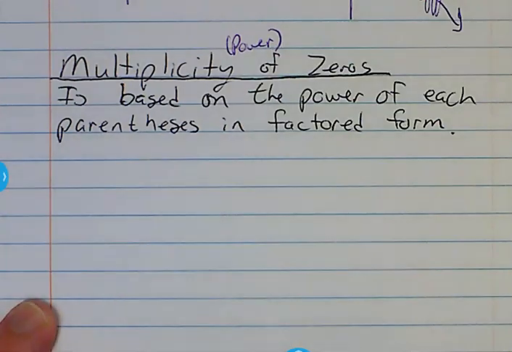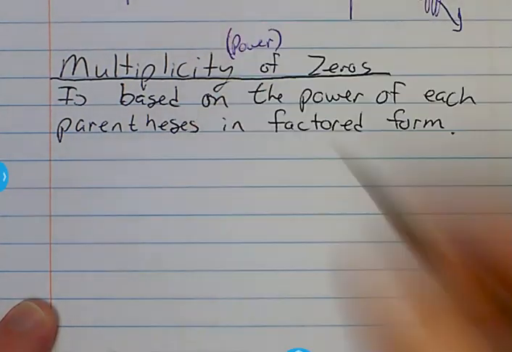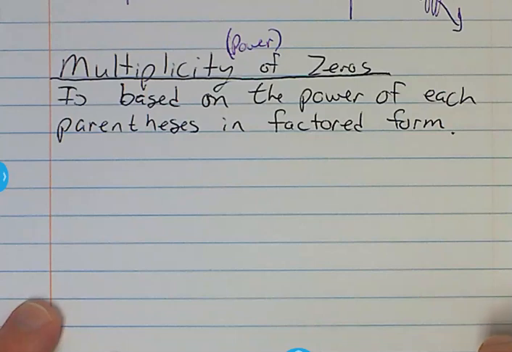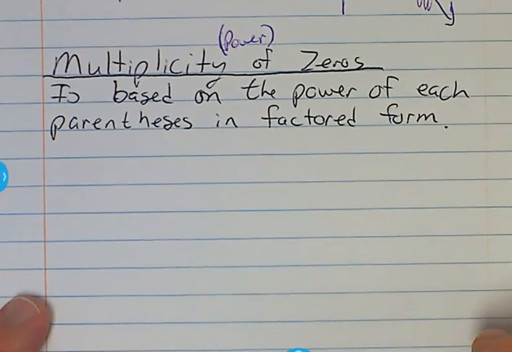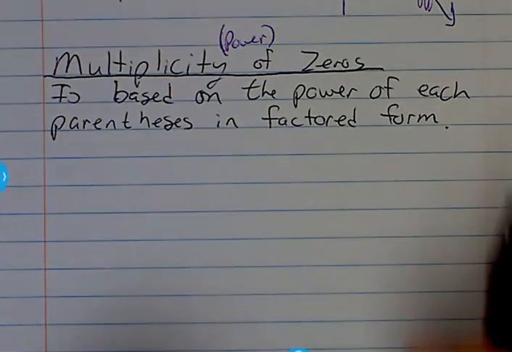So when we're talking about multiplicity, we're basically talking about the power of the zeros. So multiplicity or power is kind of the same thing. Okay, so multiplicity or power. Basically, you've got two things here.